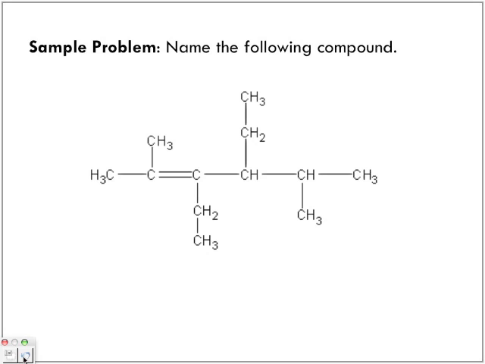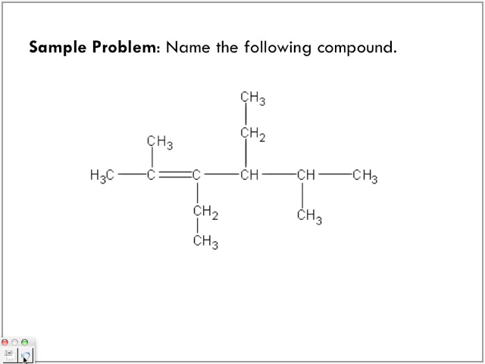Let's look at something a little bit more complicated. Same rules apply. So with this one, take a moment, pause the video, and see if you can figure out the answer. Okay, so hopefully you'll have gotten the correct answer.